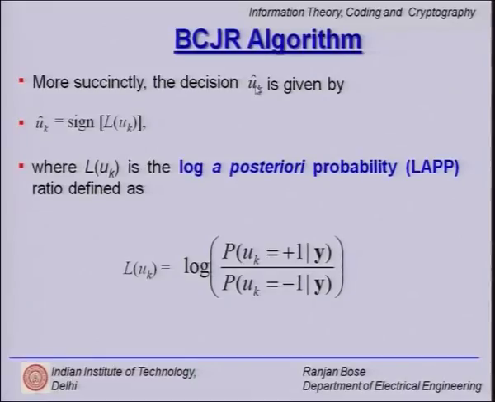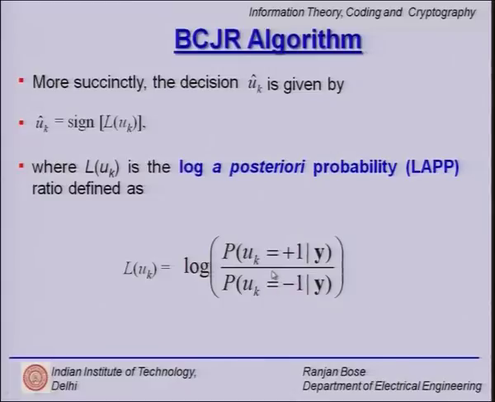So, the decision u_k hat is the sign of L(u_k). What is L(u_k)? It is a log a posteriori probability, LAPP, which is a log likelihood ratio, as we have just seen: the probability of u_k equal to 1 given the noisy stream y versus u_k equal to minus 1 given the received vector.